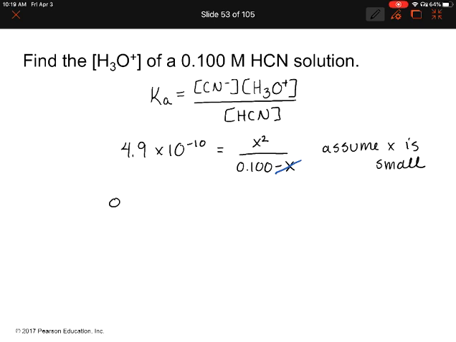So let's multiply 0.1 by our value of Ka, and then we're just setting that equal to x squared. So we should get that x squared is equal to 4.9 times 10 to the negative 11th.